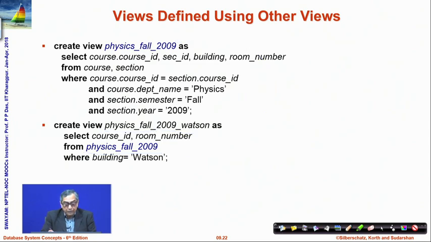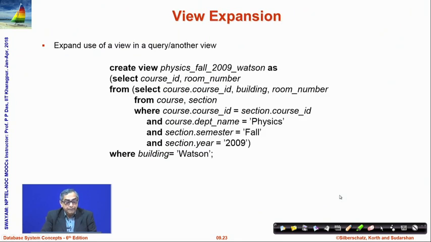Views can be used, as I have already said, as any other actual relation, but they do not really exist. If you expand out, if you put the Physics Fall 2009 expression within the view definition of Physics Fall 2009 Watson, this is your earlier view relation. This is known as view expansion. So, this is actually the query that you are executing.